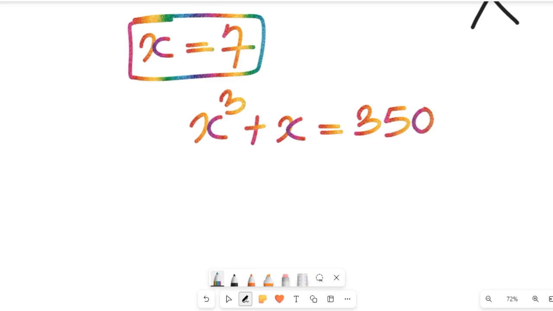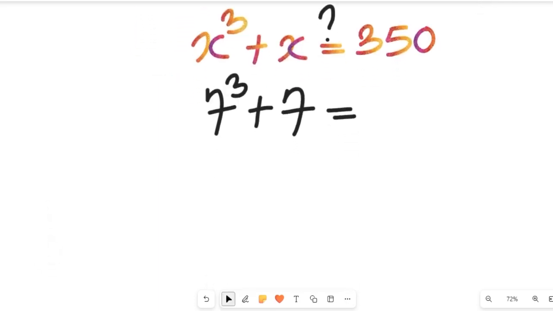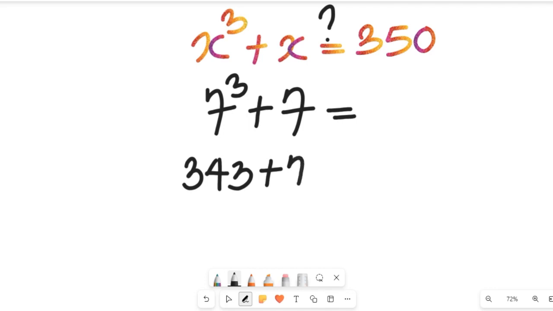Now if we insert the value of x, are we going to get 350? 7 to the power of 3 plus 7: 7 to the power of 3 will give us 343 plus 7.